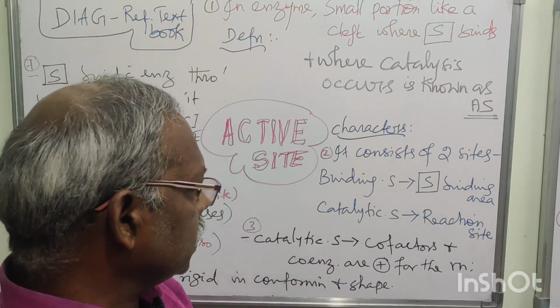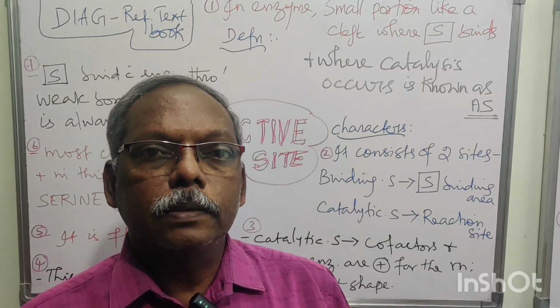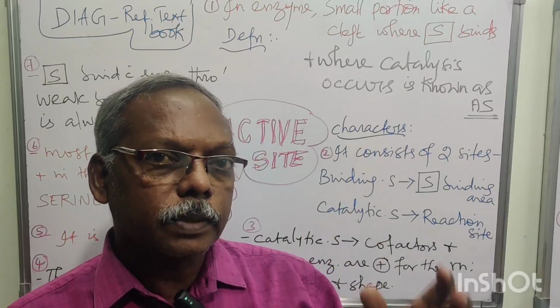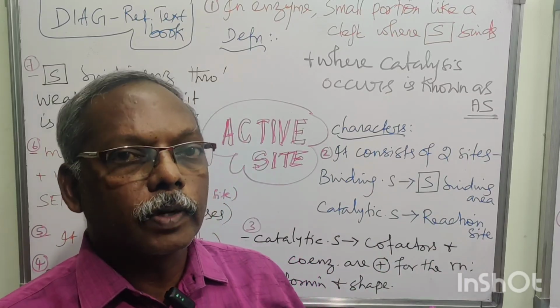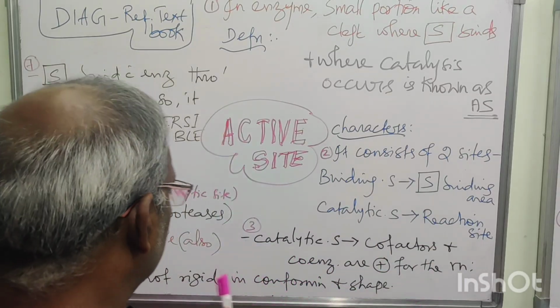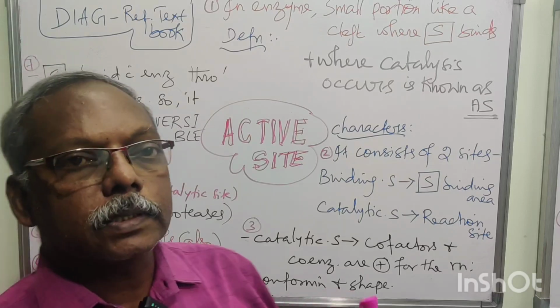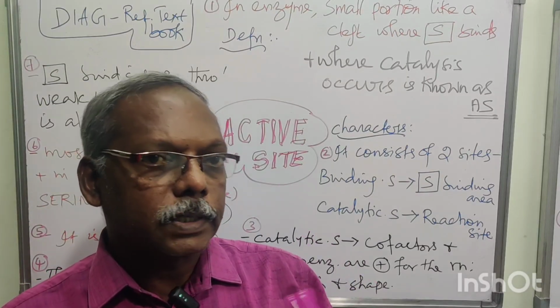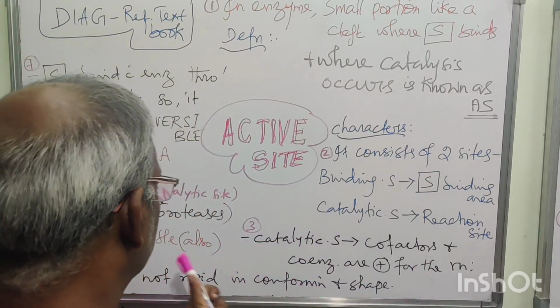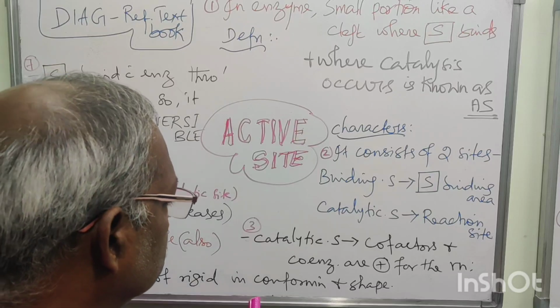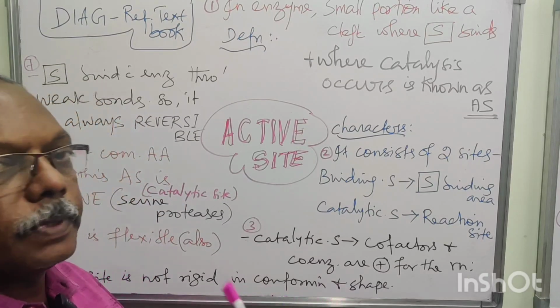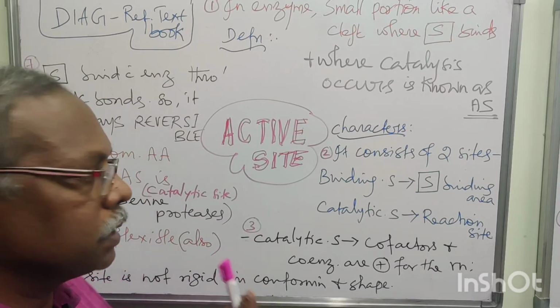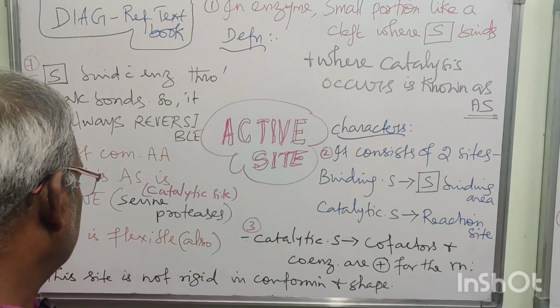Next point, in the catalytic site, the cofactors and coenzymes for the reactions will be present. Next, the site is not always rigid. It is flexible in conformation and shape.